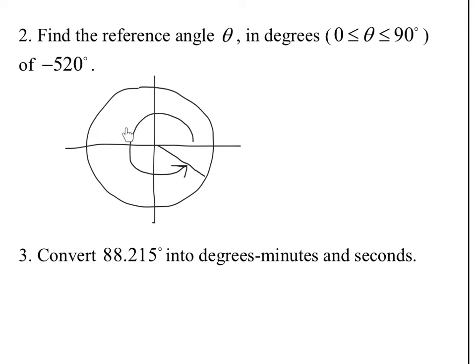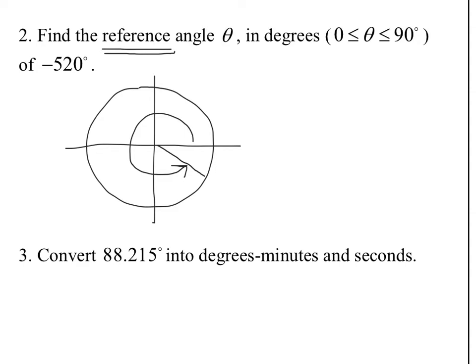In this example, it's probably somewhere around 330 degrees. Its reference angle would be this 30-degree angle that would get us back to the horizontal. So when we're looking for a reference angle, we want the measurement of the angle that's going to get us back to the horizontal position.